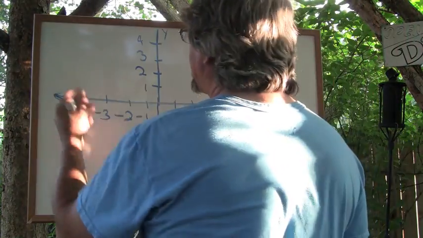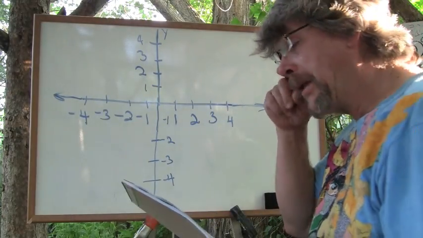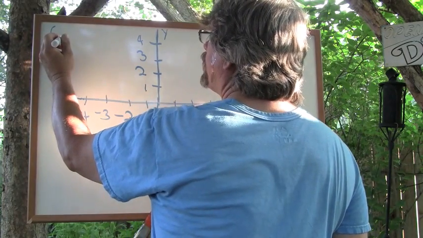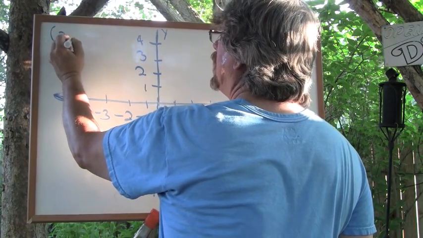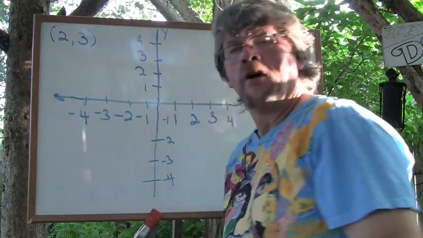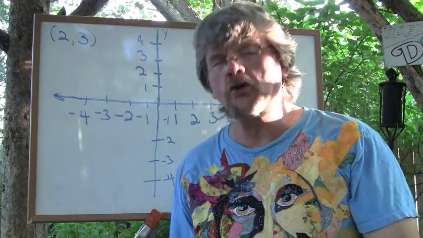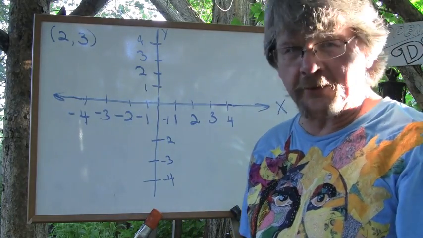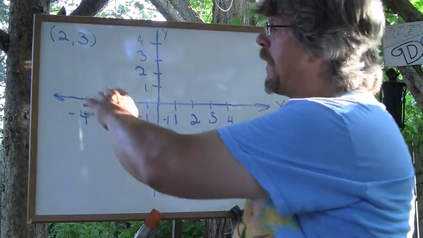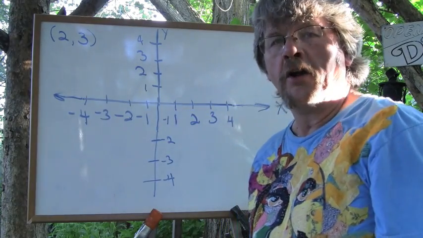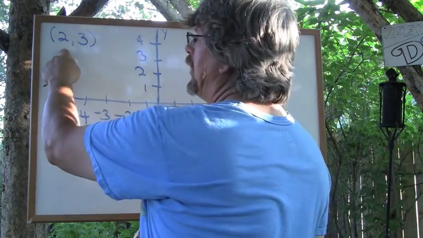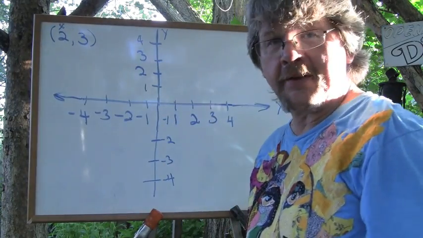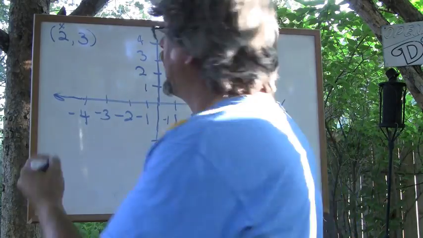If we're given, say, a coordinate of 2 and 3, the one thing that is so beautifully consistent and agreed upon at this point in time, hopefully it'll never change, I don't see how they can change it now, is whenever we're given a coordinate pair, the first number is always the x number, and the second number is always the y number.